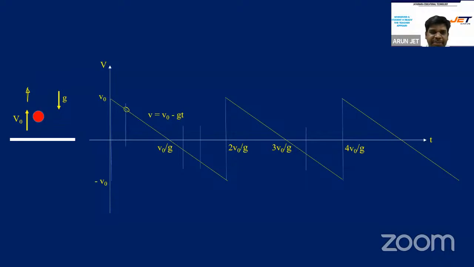Is it ascent or descent? Okay, descending, good. How about this one, beyond 4v naught by g? Excellent, students. None of you have gone wrong. Very good. Gayatri, Shashank, Akhilesh, Bhavna. Good, excellent.